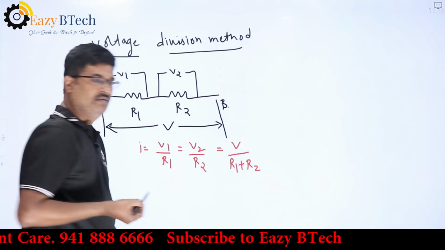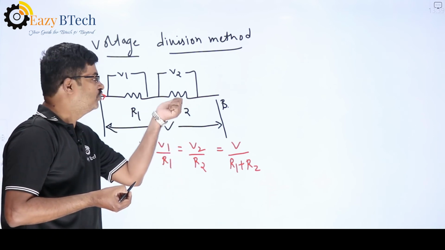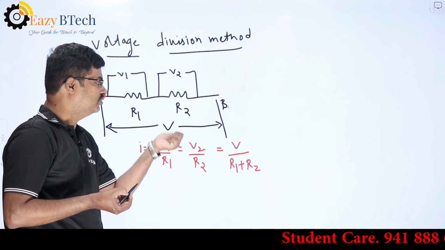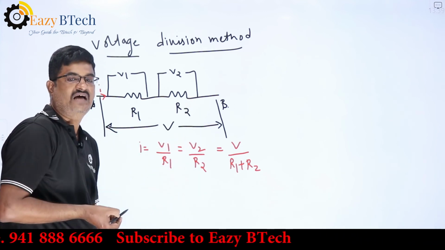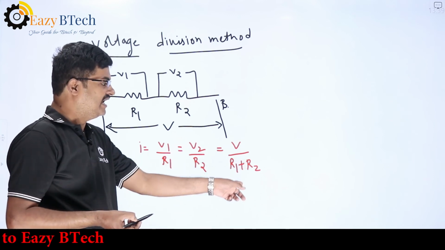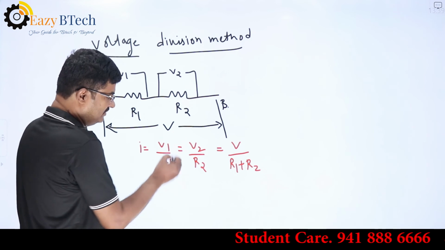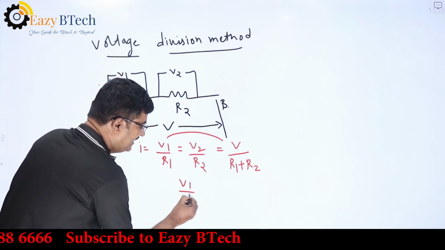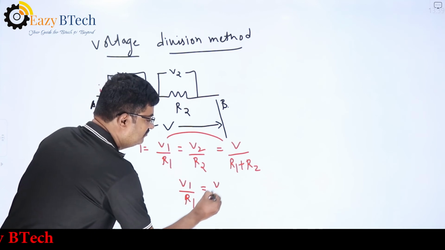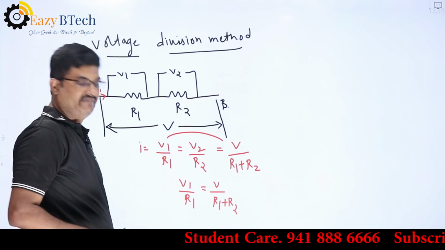Now if I equate V1 by R1 is equal to V by R1 plus R2, from this I want the value of V1.